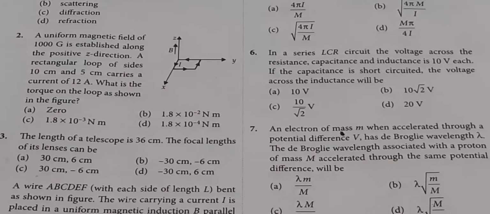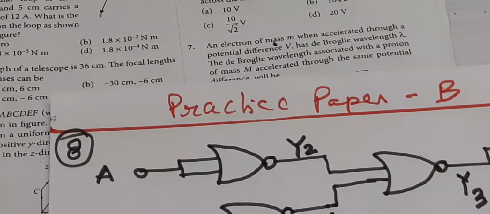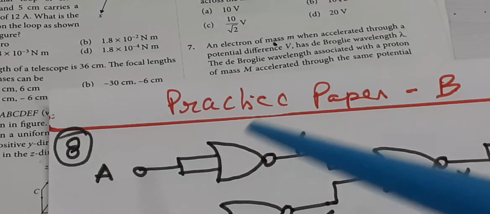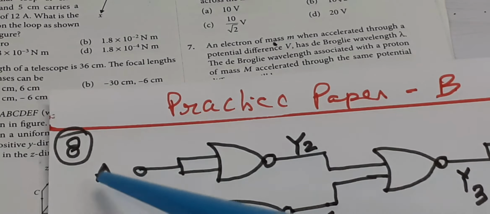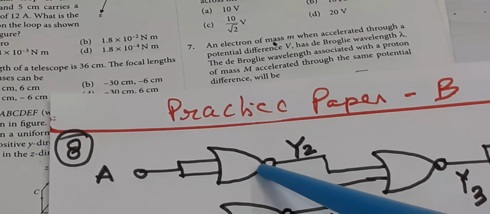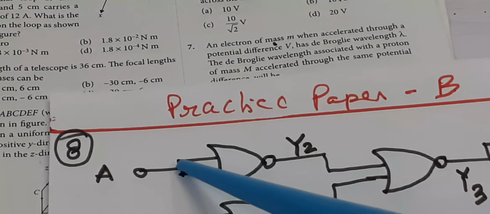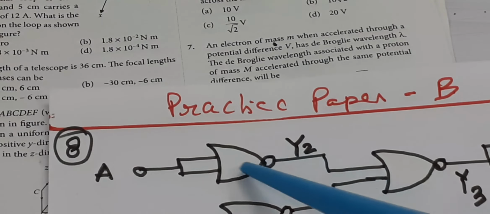Now next job, a logic gate circuit is given here. We know that this is a NOR gate given the same input. When a NOR gate is given the same input, it becomes a NOT gate. Suppose both inputs are 0, it will give output 1.